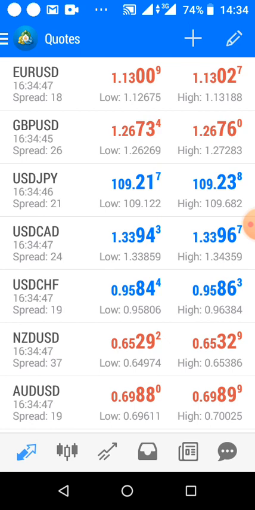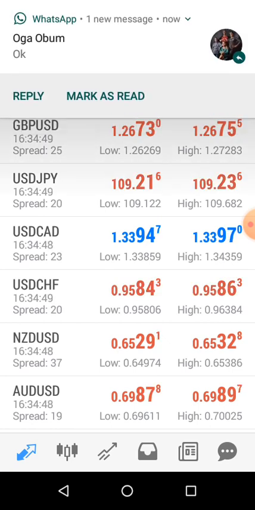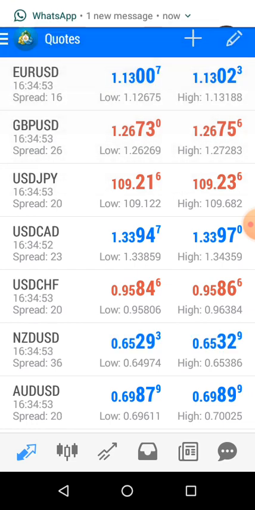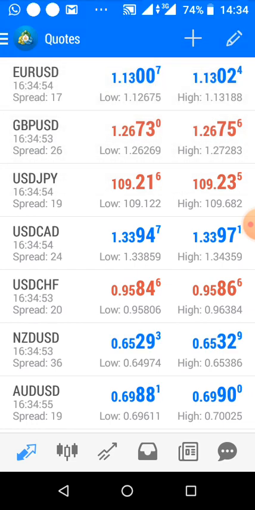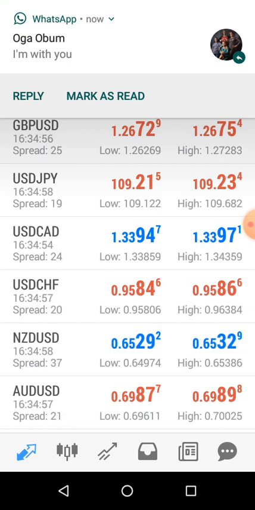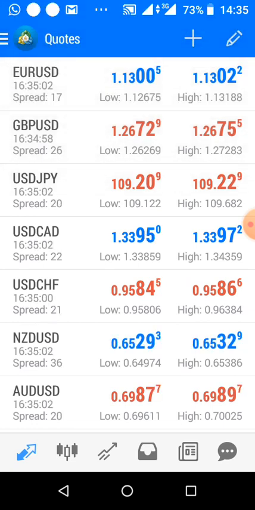You have GBPUSD, that is Great British Pounds, United States dollars. You have USDJPY, US dollar versus Japanese yen. You have USDCAD, that is US dollar versus Canadian dollar.